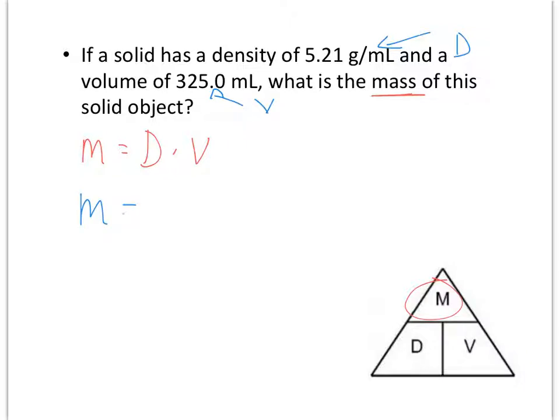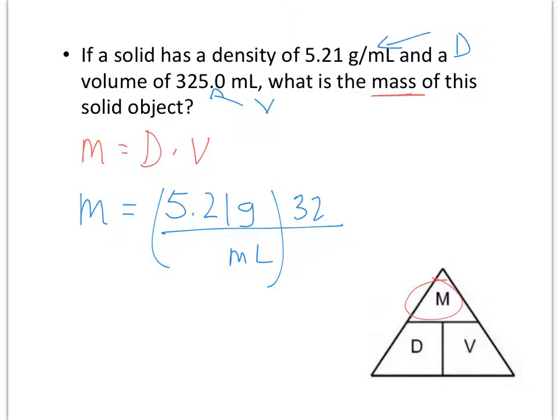So M equals 5.21 grams over milliliters, there's my density, and now I'm going to multiply by my volume, which is 325.0 milliliters. And you can see my like terms cancel, milliliters and milliliters.